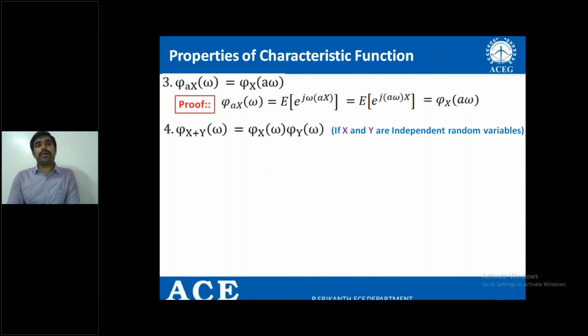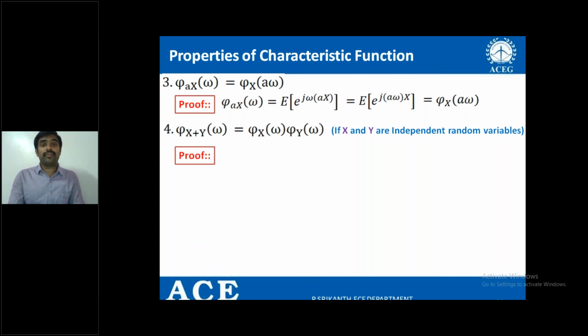And coming to the fourth property: if any two random variables are independent random variables, then if I take the characteristic function of their sum, phi x plus y of omega equals phi x of omega into phi y of omega. That is, their individual characteristic functions will be multiplied, right?